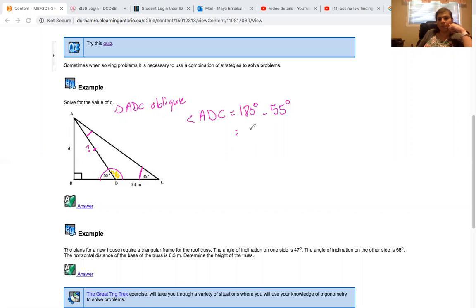That's going to be 125 degrees. So now I know this is 125 degrees.